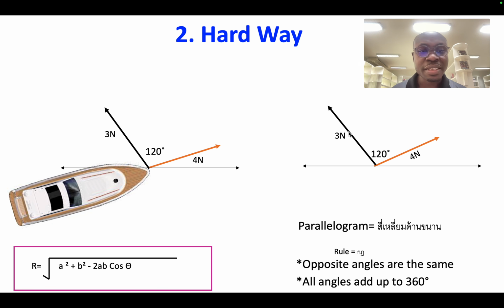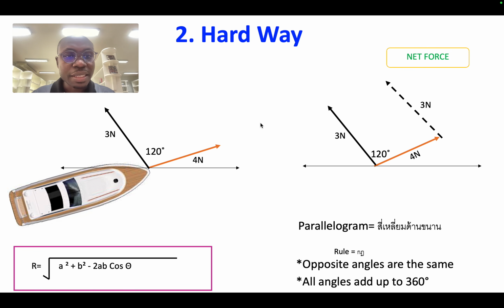We have 3 newtons and 4 newtons, and the angle is 120. First step is what? We have to copy and paste the forces. So 3 newtons, I copy and paste at the opposite side. And 4 newtons, I copy and paste it. Why? Because I want to make a parallelogram, like this, okay?